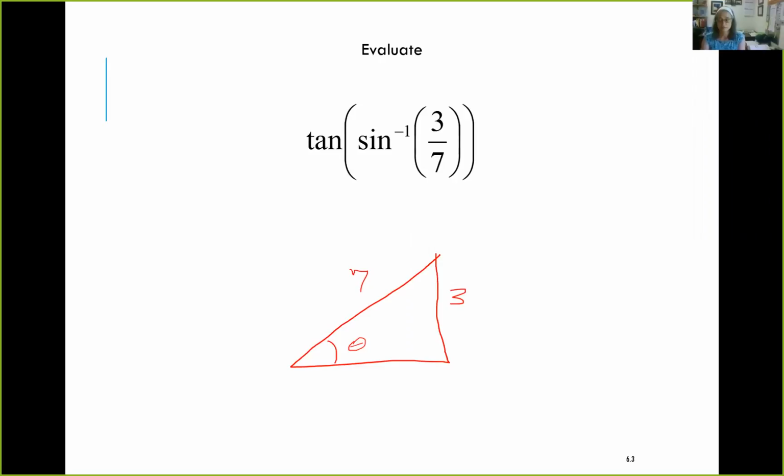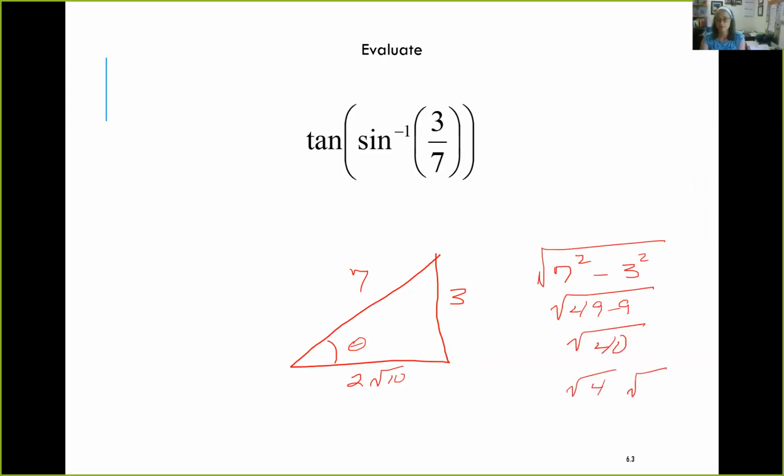That means this is going to be square root 40 or 2 square root 10. Everybody know how I got that? I took 7 squared, subtracted 3 squared, which is 49 minus 9. You take the square root. Square root 40, simplify that. That's square root of 4 times the square root of 10, so 2 square root 10.